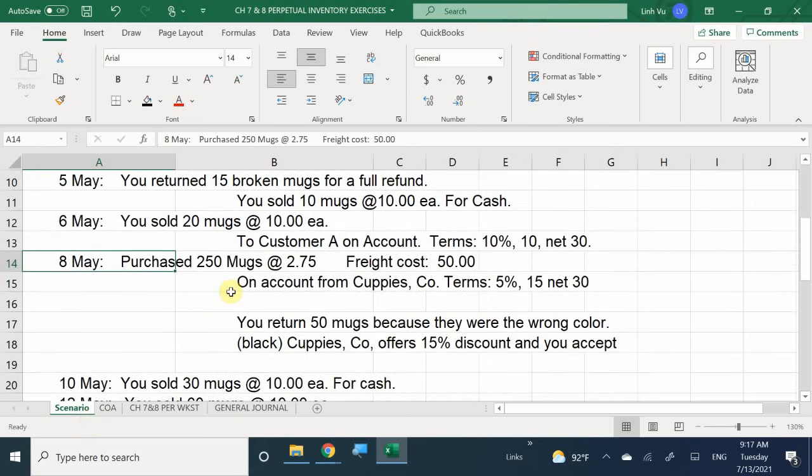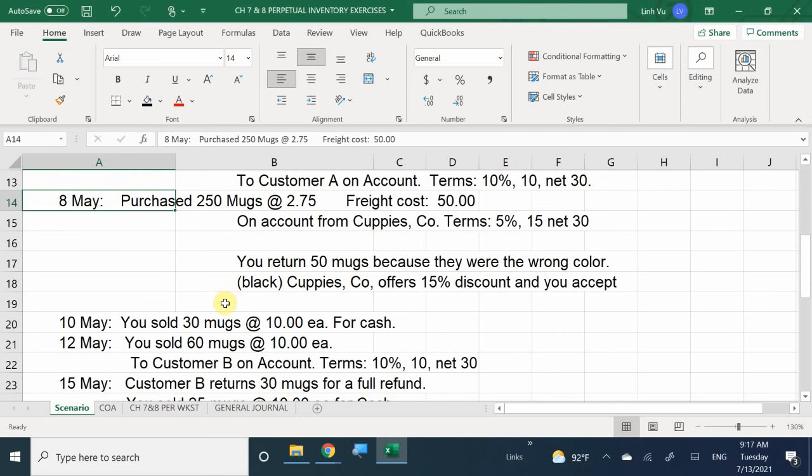All right. So then what happened that very same day? Return 50 mugs because they were the wrong color. So we didn't technically return the item, but we did a discount. Okay.